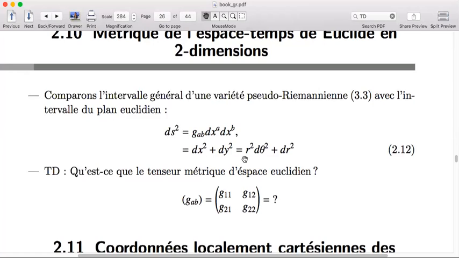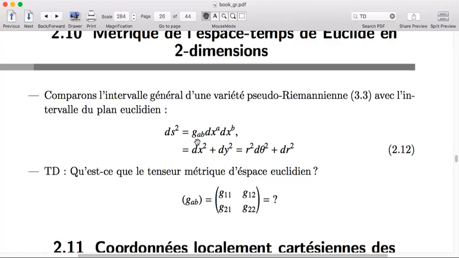But notice that that function would change if I change to polar coordinates. Then we'd have dr squared plus r squared d theta squared. That's how you calculate distances between points. Still in the Euclidean plane, still exactly the same geometry, but we've changed coordinates.